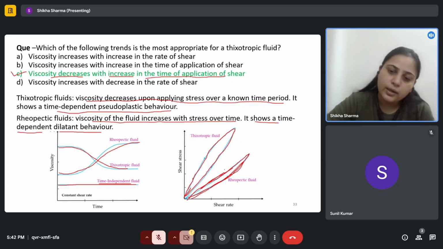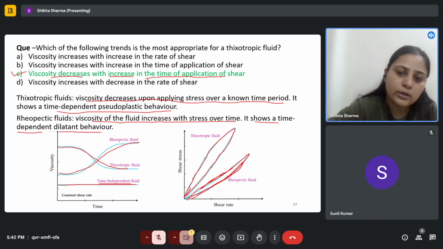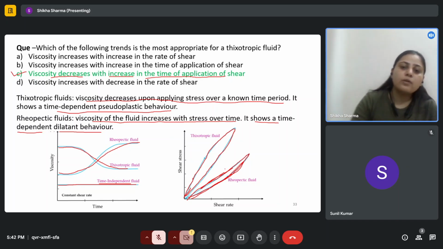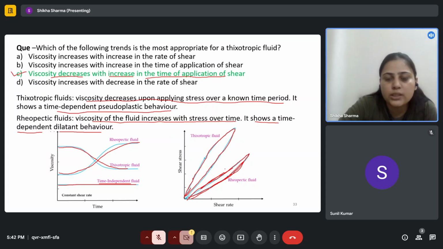So while coming back, it has more value, more stress or viscosity, whereas in thixotropic the curve followed while coming back is the bottom one. So the value is decreasing for the viscosity or stress with respect to the strain rate.